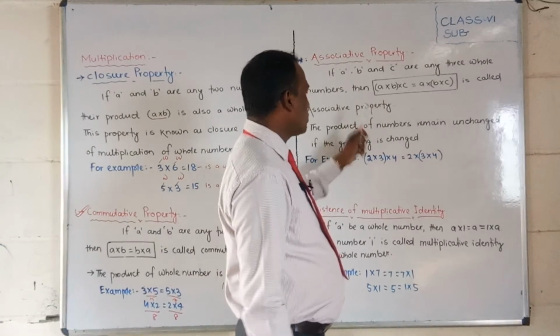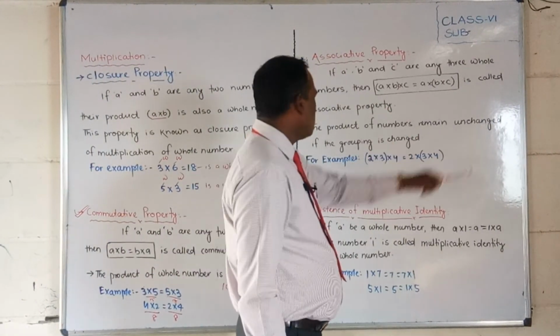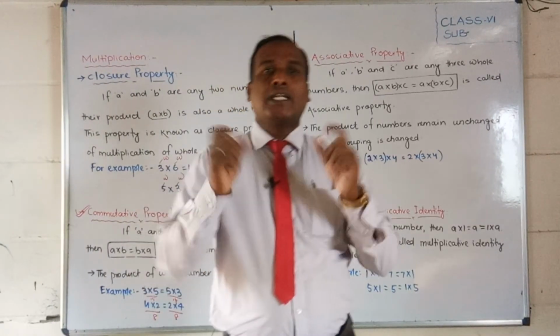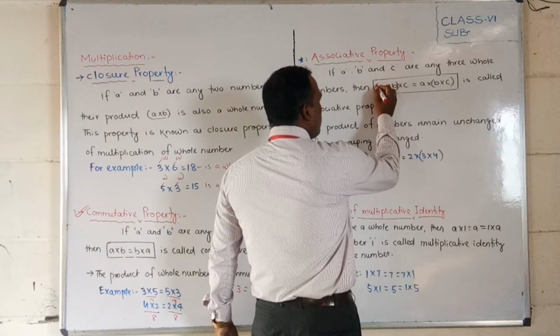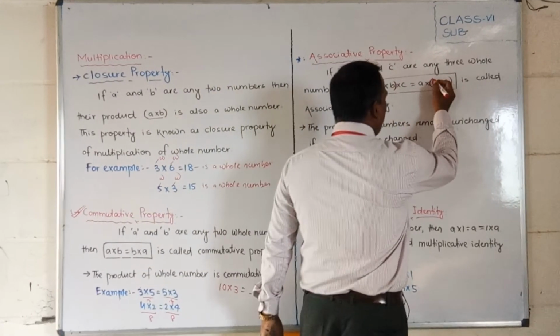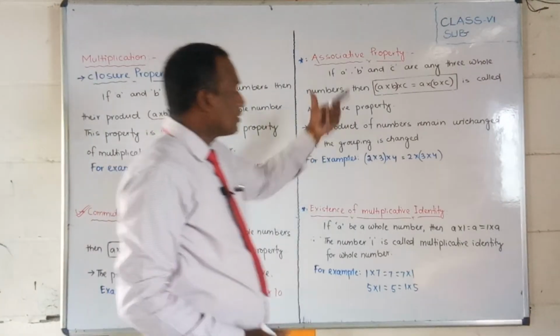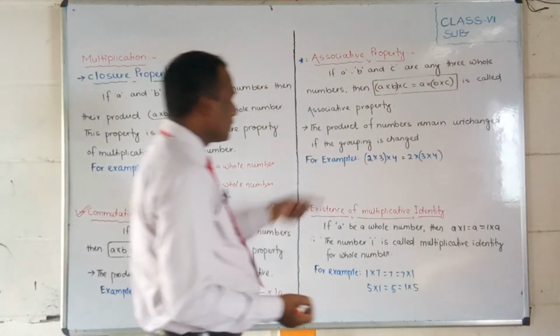This is called the associative property: the product of numbers remains unchanged if the grouping is changed. Observe, students: first I made the group A into B, now on this side I made B into C. So we have changed the grouping, and the value is unchanged.